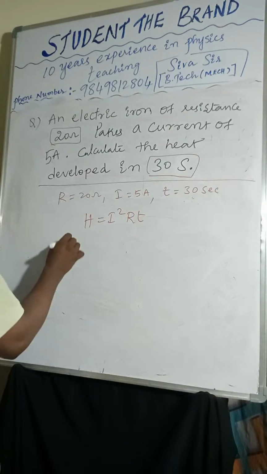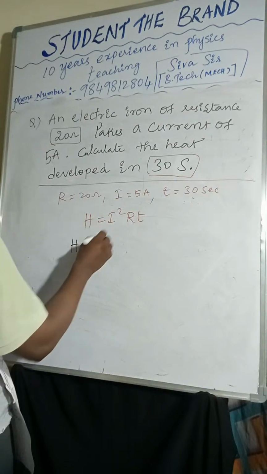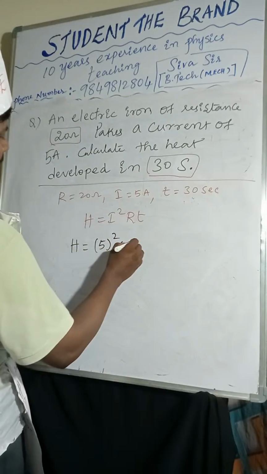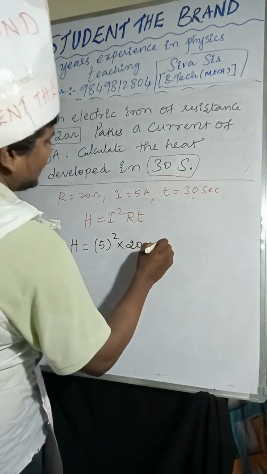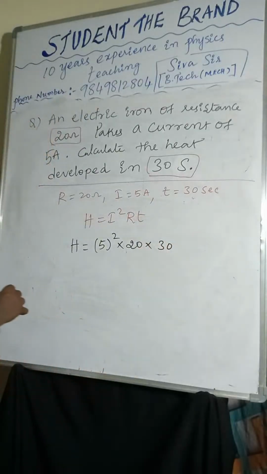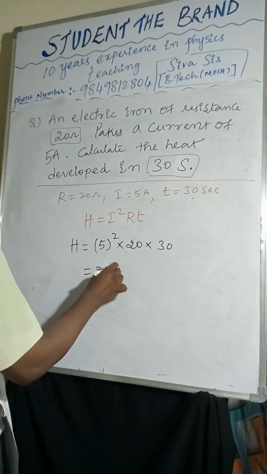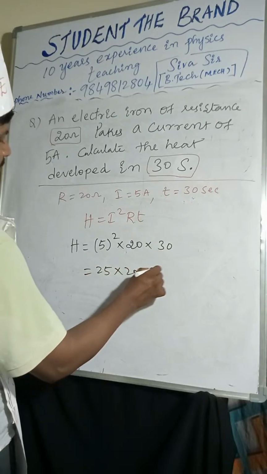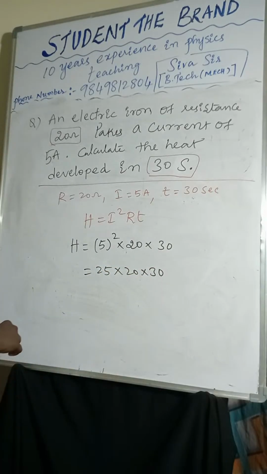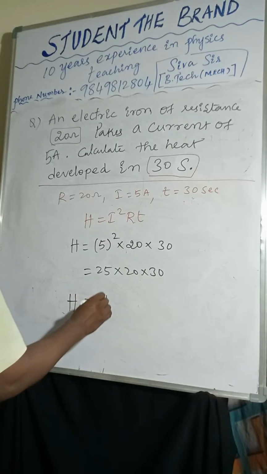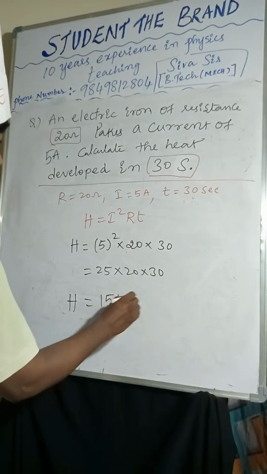So H equal to 5 whole square into 20 into 30. 25 into 20 into 30. So H equal to 15 kilojoule.